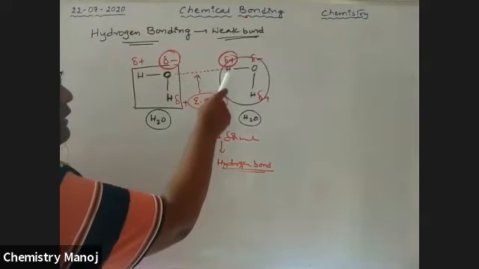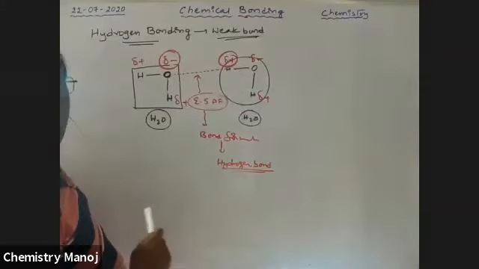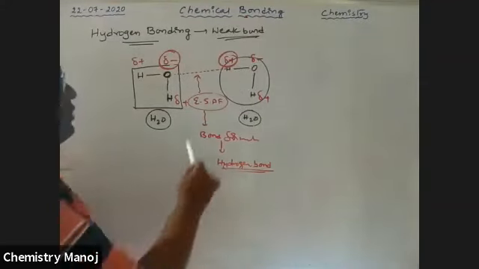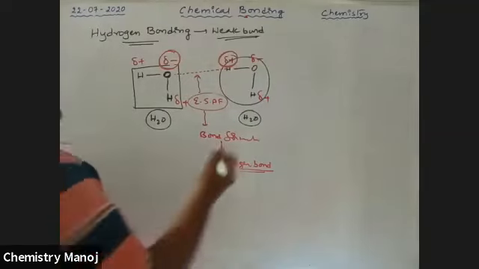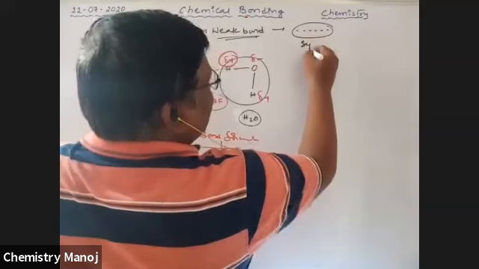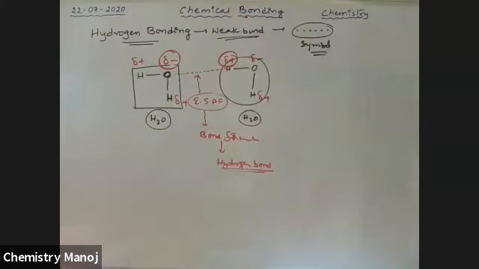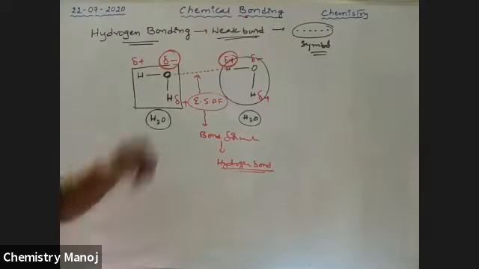That hydrogen must be connected with another highly electronegative element with a covalent bond. Here is the covalent bond. Okay, so this is the hydrogen bond. The symbol for a hydrogen bond is a dotted line. Whenever a dotted line exists, that is considered a hydrogen bond. So this is a weak bond.